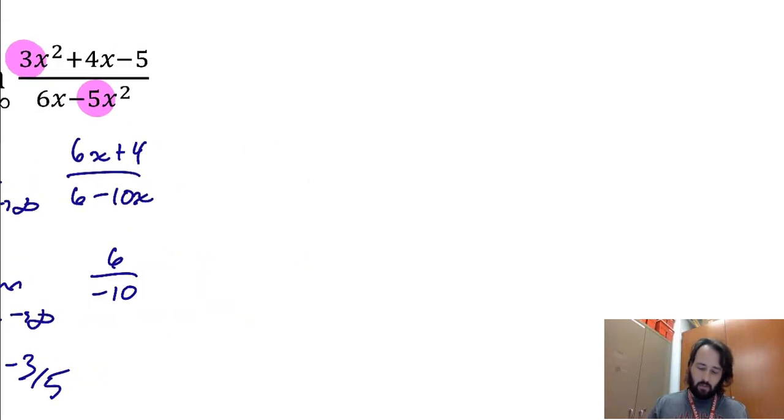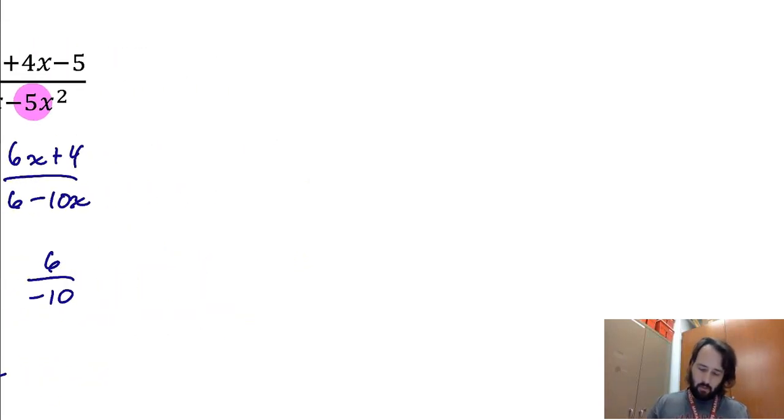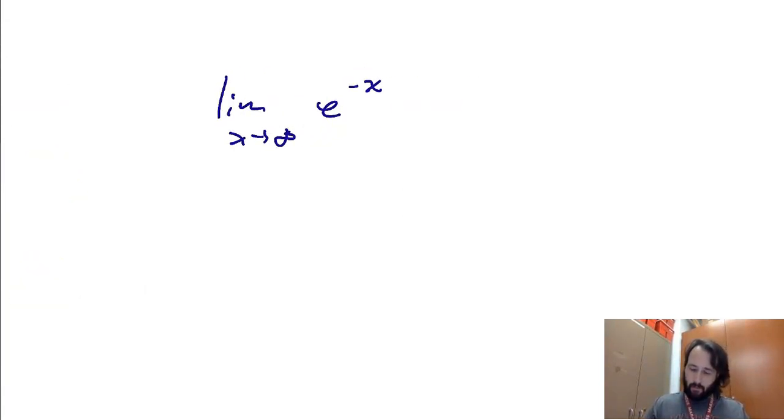Another thing we can do, if you wanted to, say I had something like this, where I put in infinity and it becomes infinity, and I can't necessarily use L'Hopital's as is.